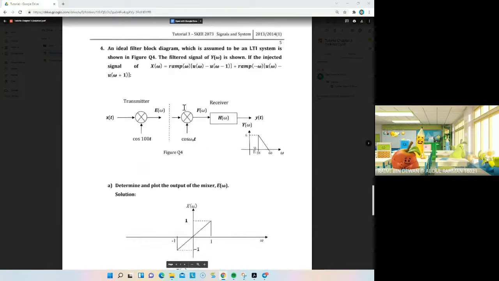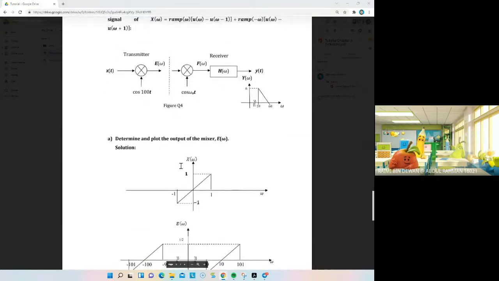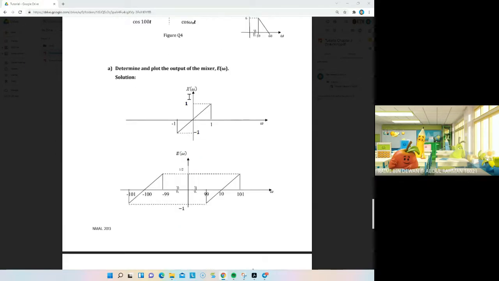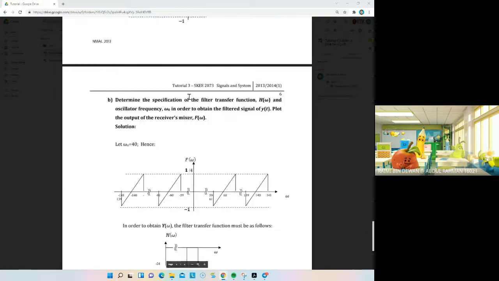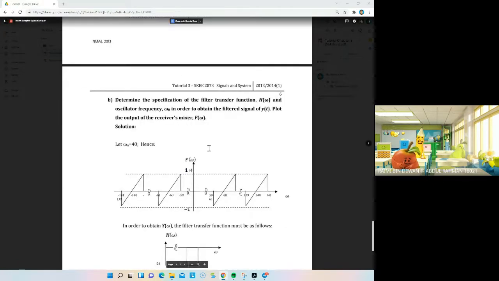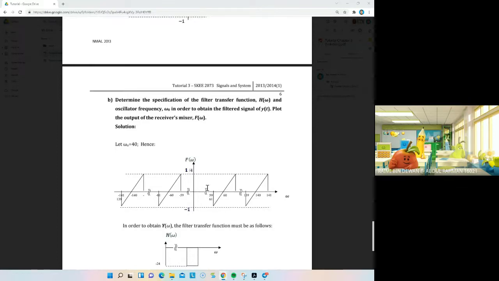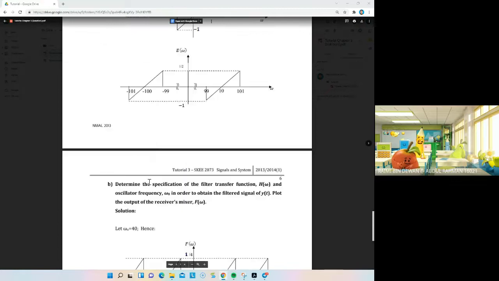You can just do E omega times cos omega naught t, and you refer to the appendix to get the equivalent F domain or T domain. It depends, because if you want to inverse, it will be T domain. So that's why 2 becomes 4.